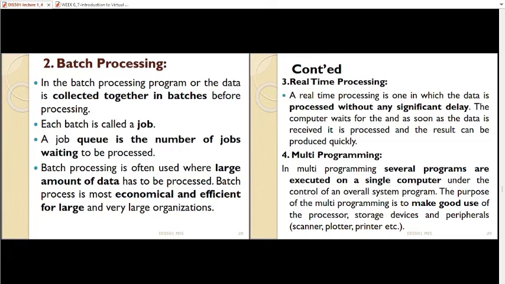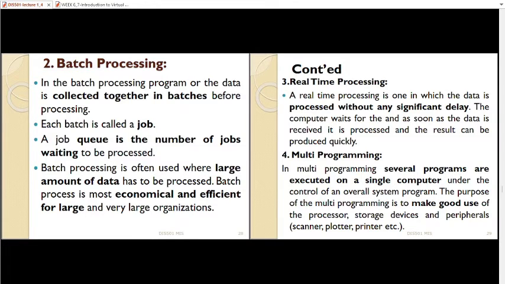Life-threatening systems, and life support systems, would have this kind of processing going on, so that should a particular activity happen, it can respond almost instantaneously without any element of delay at all.